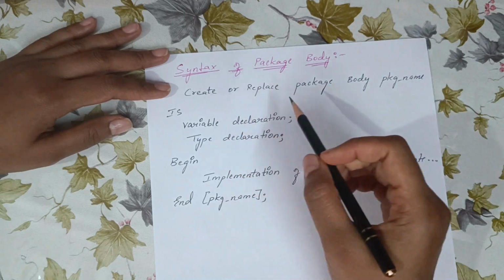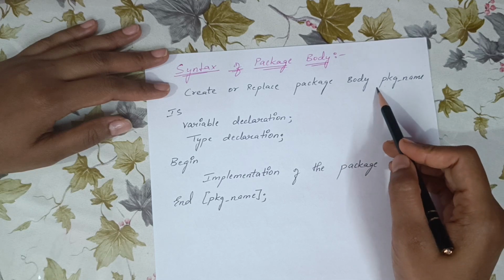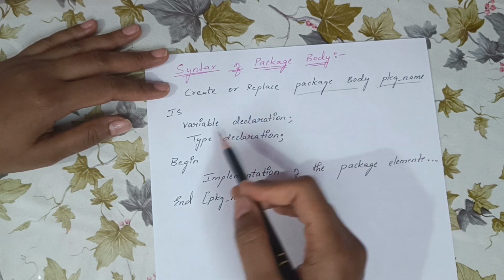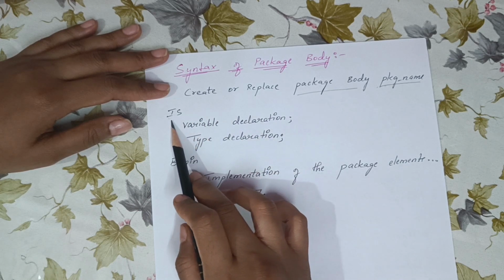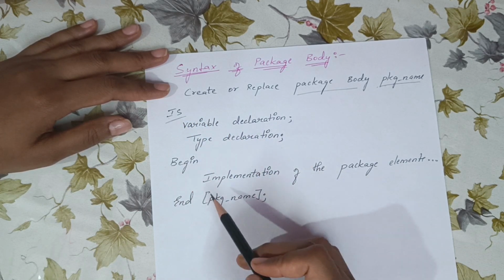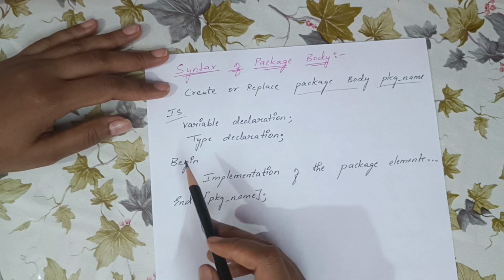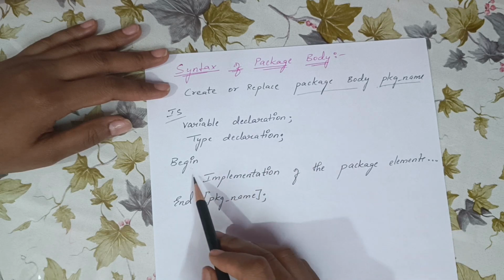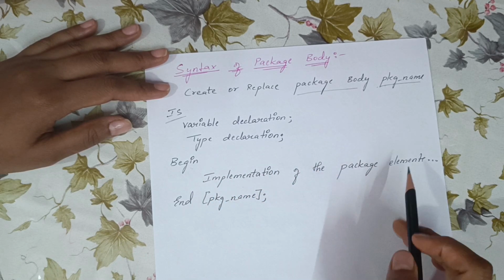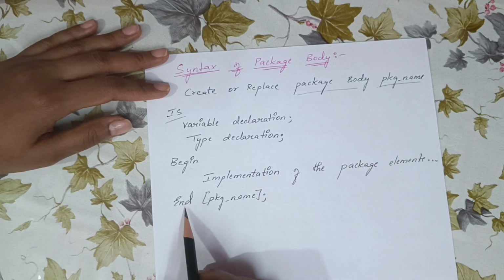So create or replace package body, then the package name, the keyword is, variable declarations and type declarations, and then begin, the executable section, if you remember. Here you write the implementation of the package elements.